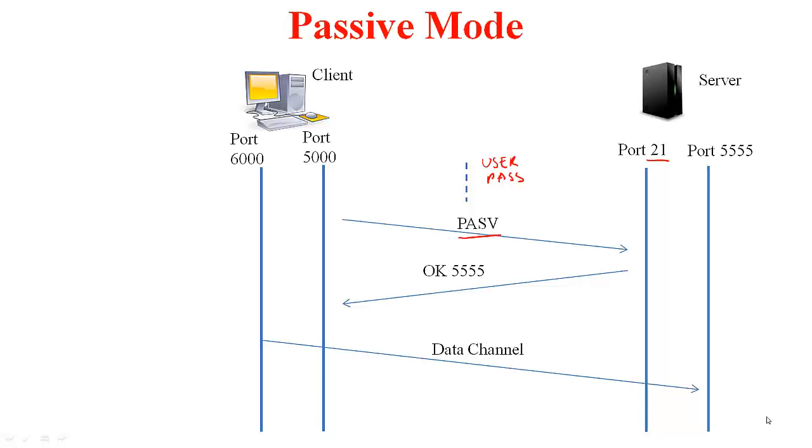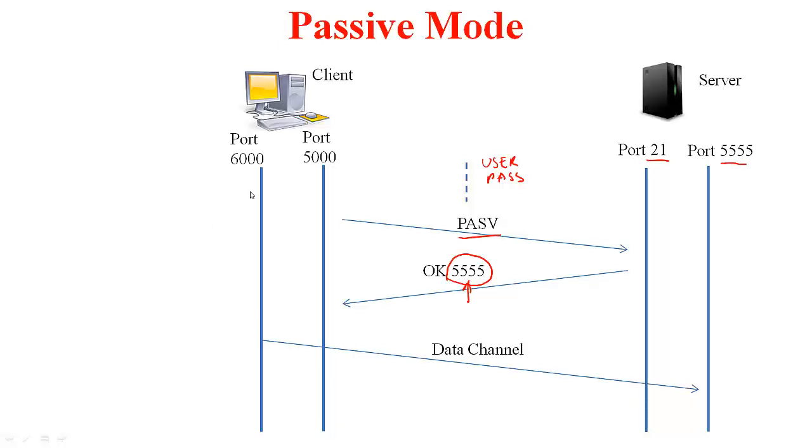command. As a consequence of receiving this passive command, the server is going to say OK and pass on port information corresponding to some other port on which the server is going to listen. Once the client receives this port information of the server, the client is then going to establish a TCP connection to the server on this particular port, and this becomes the data channel.